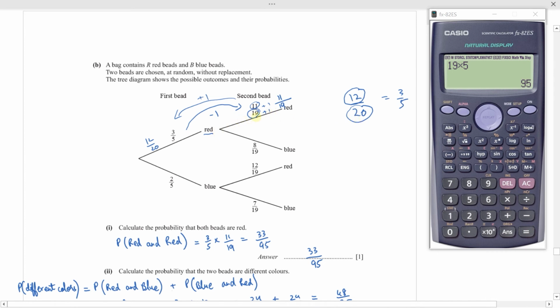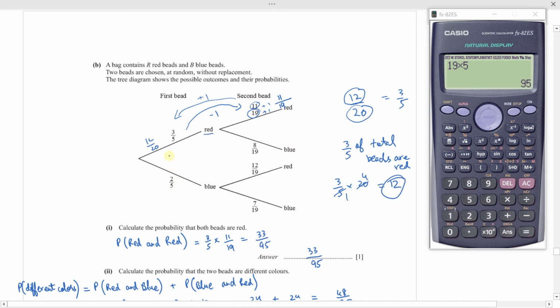The other way to find this is, since you know that your total number of beads are 20, your first probability was 3 by 5. So that means 3 by 5 of total beads are red. That's why you got 3 by 5 probability of picking the first red. So 3 by 5 of 20, 20 is total, and then 5 times 1, 5 times 4, which equals 12 red beads.